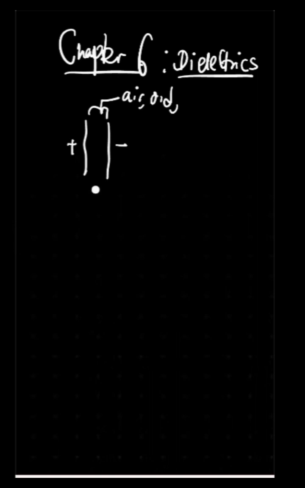So we want to study that dielectric now. Recall that in our first chapter we talked about the dielectric constant, which we said is K. Now first of all, before we go into that, let us talk about the purpose, or the importance, of using a dielectric.